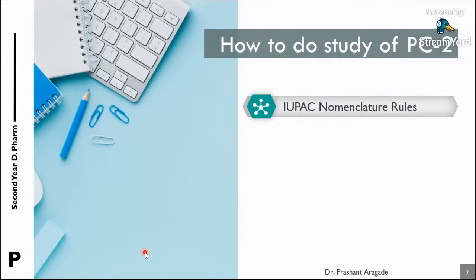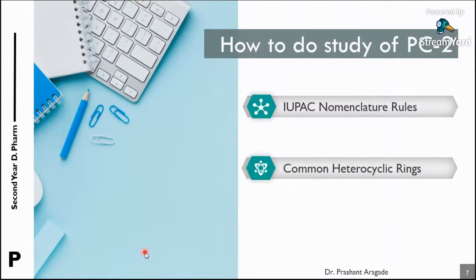Suppose a compound contains both alcohol and carboxylic acid, then how do we name that compound? It's very important, and we will discuss this in upcoming lectures. Today we only discuss how to study pharmaceutical chemistry-II throughout this 1 year.